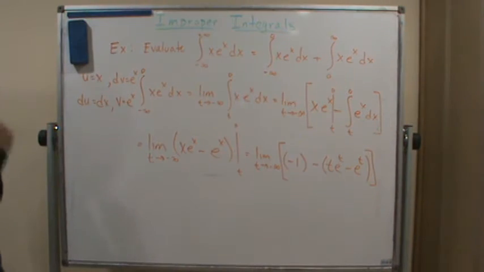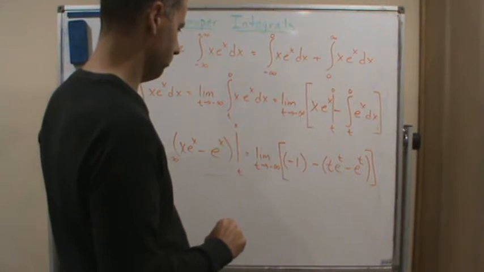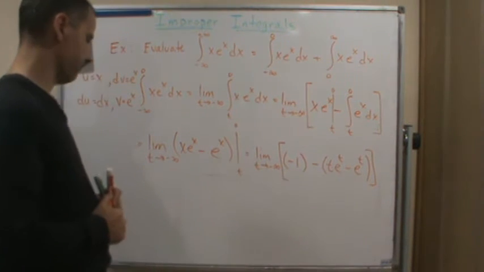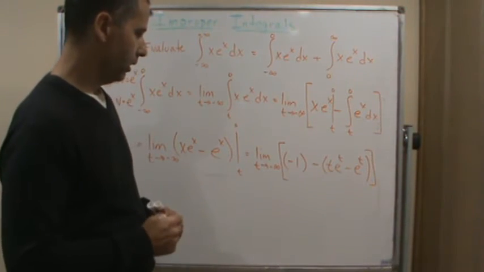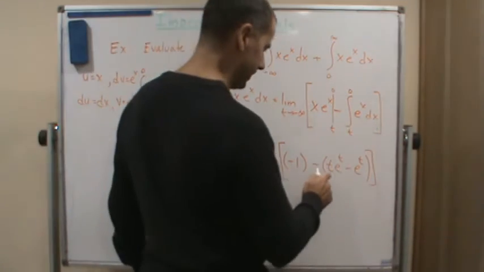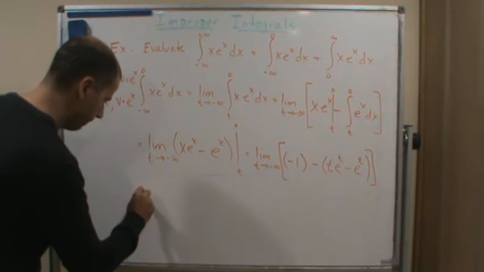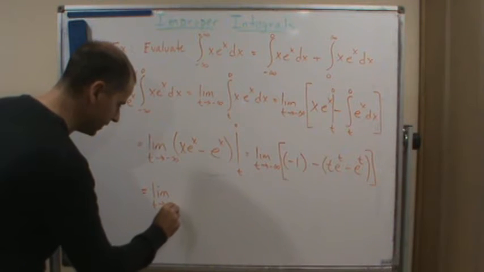Now, what happens to this? As t approaches negative infinity, what's happening to this thing? Let's rewrite this so we can see better what's going on. This is the limit as t approaches negative infinity. That's the key.